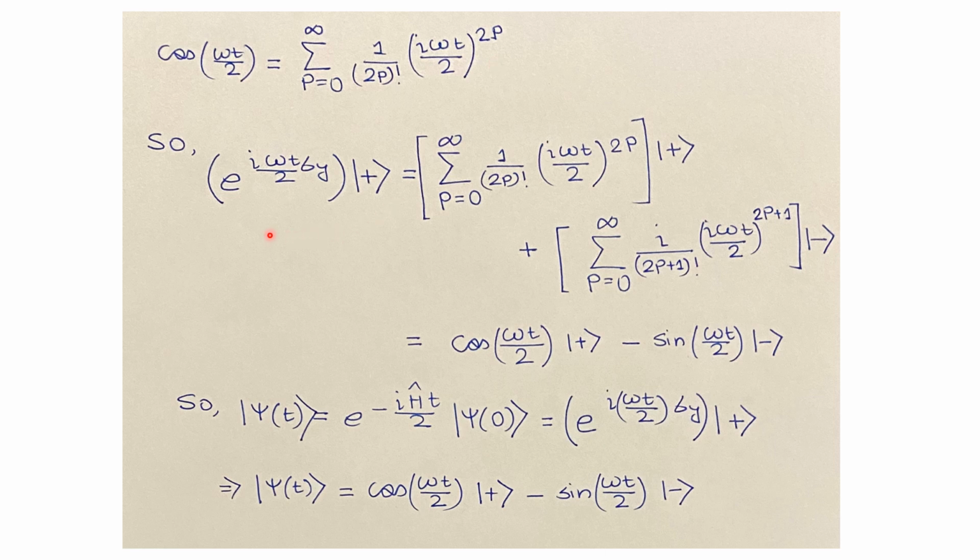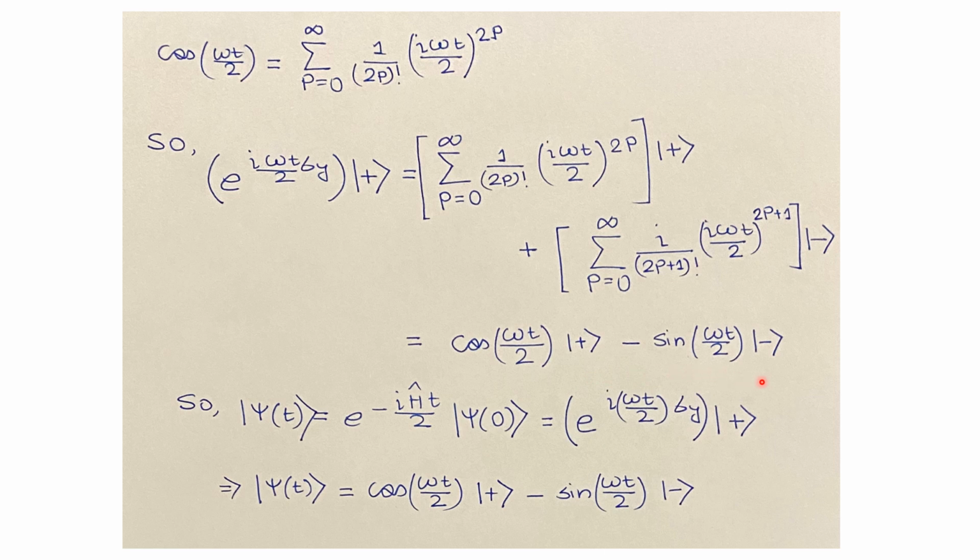So, we have e to the power I omega t by 2 times sigma y operating on the plus state. It will give these two terms that we have seen in the last slide. Now, this first series is basically cos omega t by 2, and this second series is basically minus sin omega t by 2. So, we can write it as cos omega t by 2 times the plus state minus sin omega t by 2 times the minus state.